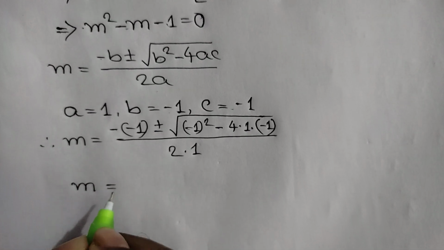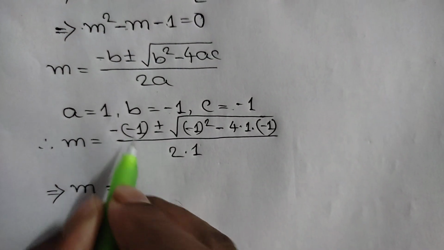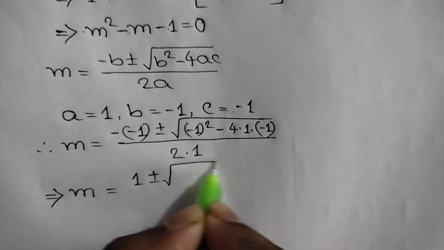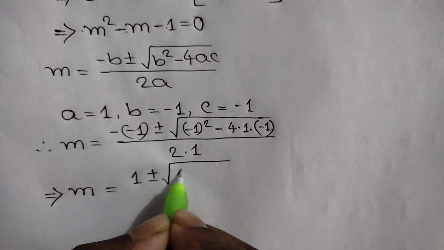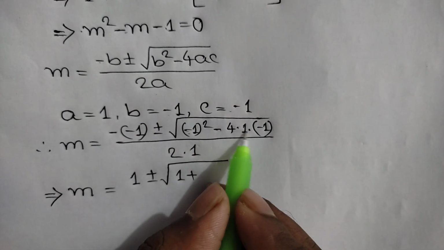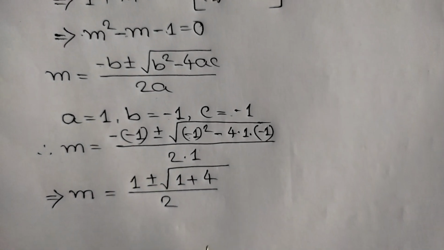m is equal to minus times minus, that means plus 1, plus or minus square root of minus 1 square, that means plus 1, minus times minus, that means plus 4 times 1 times 1, that means 4, over 2 times 1, that means 2.